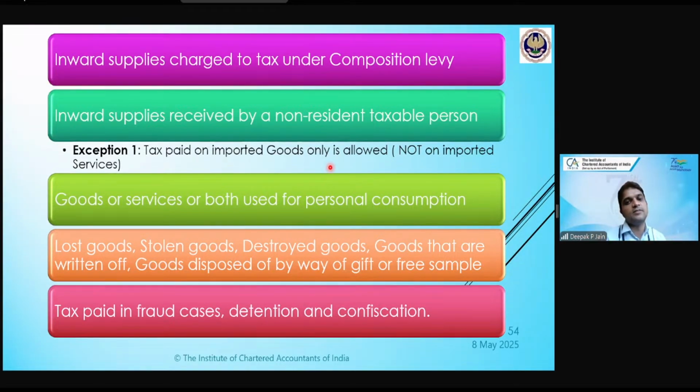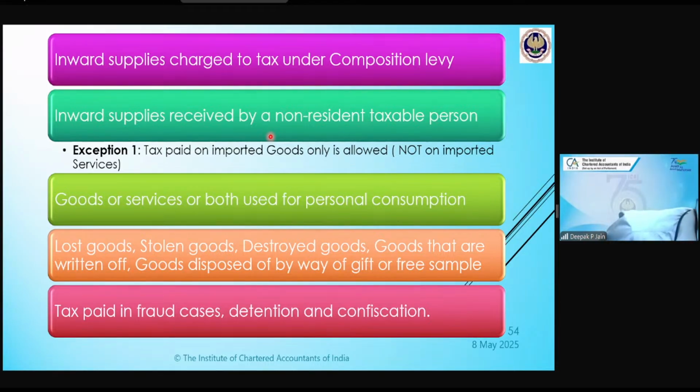Next one is inward supplies received by a non-resident taxable person. A non-resident person, who is not a resident of India, is coming to India and doing business. He will not get credit, except on whatever goods he is importing. Whatever goods he imports, on that he will get the credit.